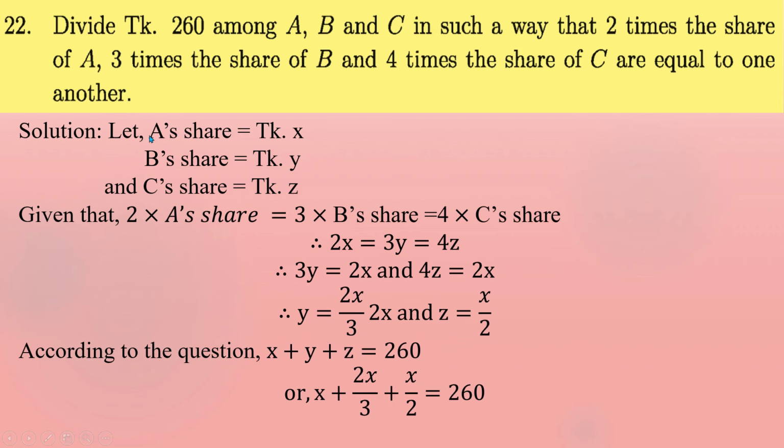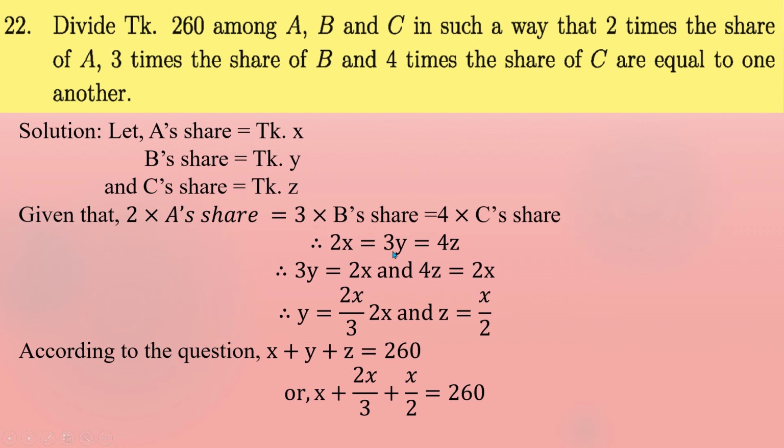At first, let A's share equal taka x, B's share equal taka y and C's share equal taka z. But given 2 times A's share equals 3 times B's share, which equals 4 times C's share.